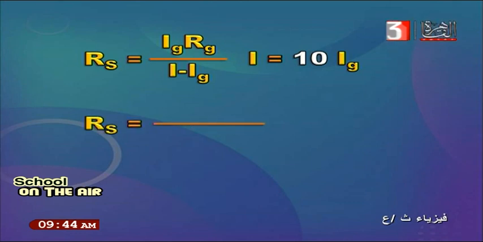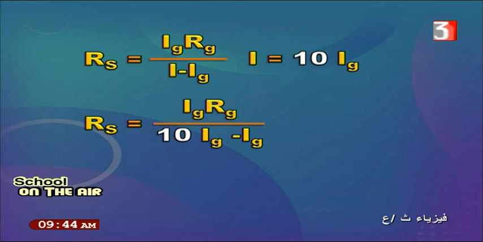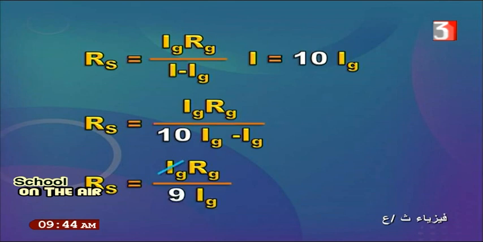But we've got the information I equals 10 Ig. Substituting for I, the shunt resistance equals Ig Rg over 10 Ig minus Ig. 10 Ig minus Ig is 9 Ig. So Ig Rg over 9 Ig. Ig will be crossed out, so the ratio is 1/9.